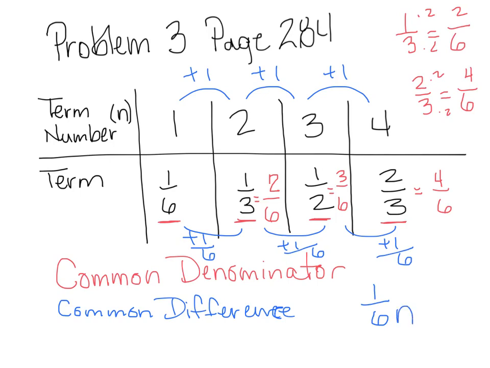So let's go back up here and let's test it and let's see if that is going to be my expression. So I should be able to say 1/6 n and get 1/6 in my term. 1/6 times 1 equals 1/6.